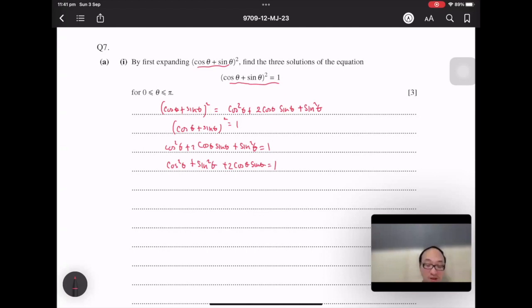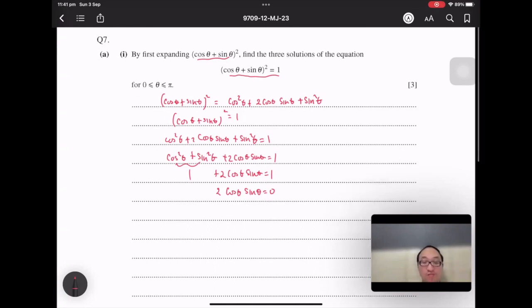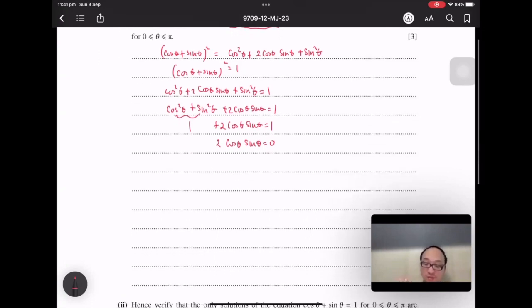So this one becomes 1, yeah, identity, plus 2 cos theta sin theta equals 1. So that means 2 cos theta sin theta will be equal to 0. From here, we can have cos theta equals 0 or sin theta equals 0.